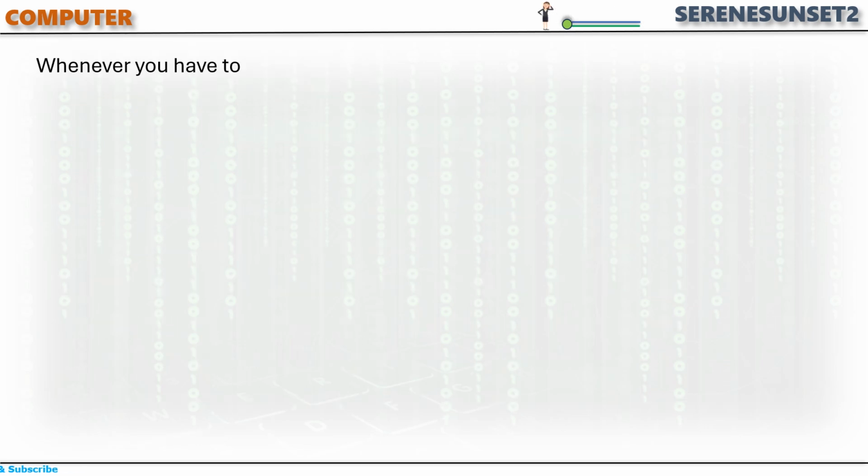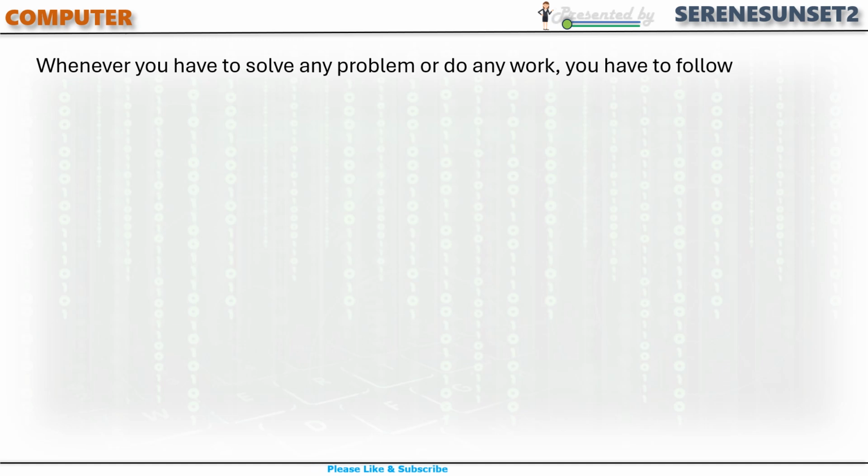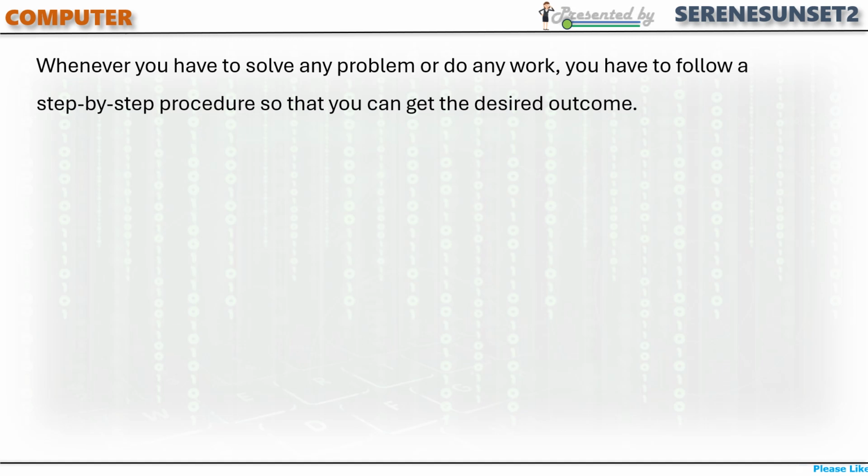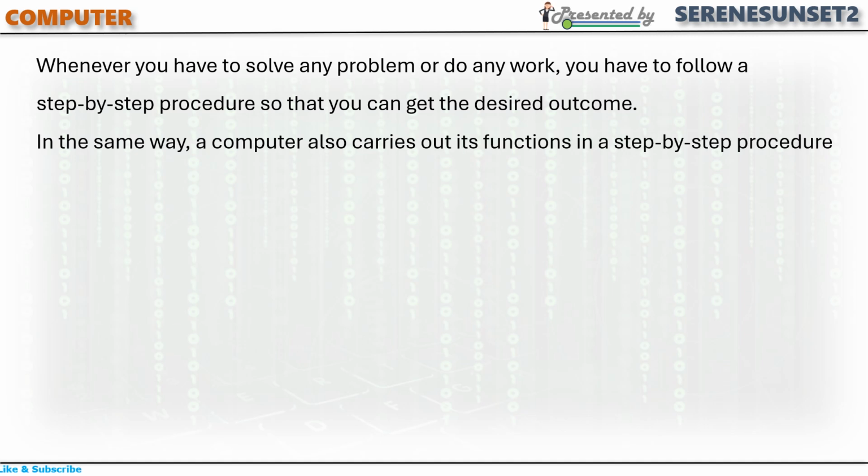Whenever you have to solve any problem or do any work, you have to follow a step-by-step procedure so that you can get the desired outcome. In the same way, a computer also carries out its function in a step-by-step procedure to give accurate results.